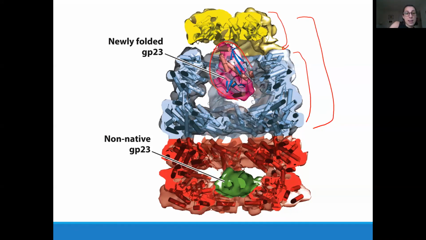And then the inside here is a protein, this GP23, which has just been newly folded into its proper state. And you can see in the bottom, getting ready once this protein is released, is an unfolded or non-native state GP23. So it has entered the bottom portion of the chaperone and it is getting ready to be folded.